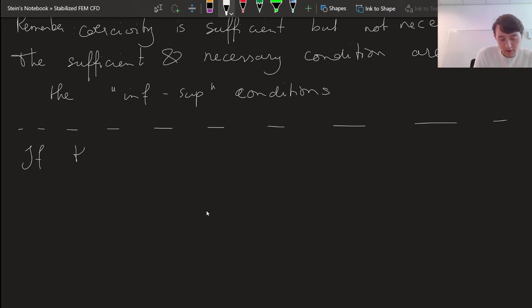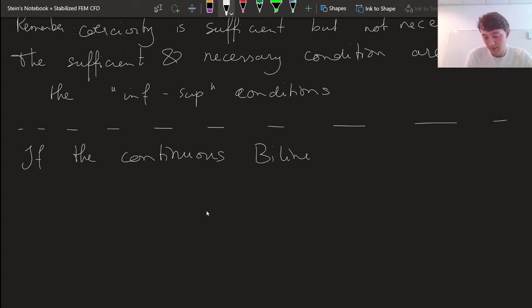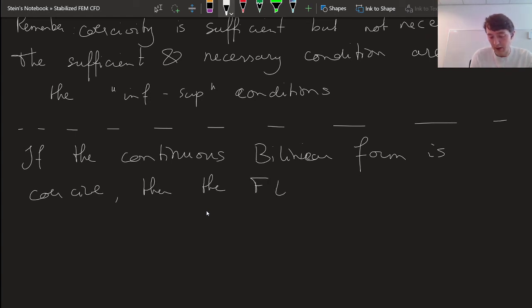If the continuous, and continuous here means infinite dimensional H1 Sobolev spaces, if the continuous bilinear form is coercive, then the finite element bilinear form is also coercive.